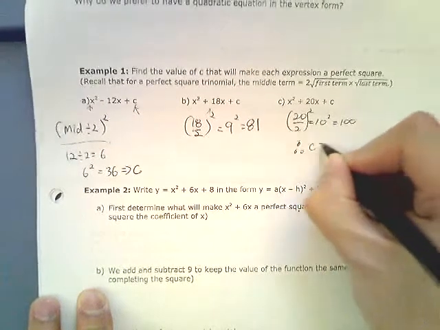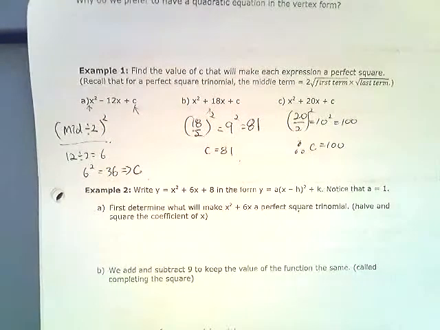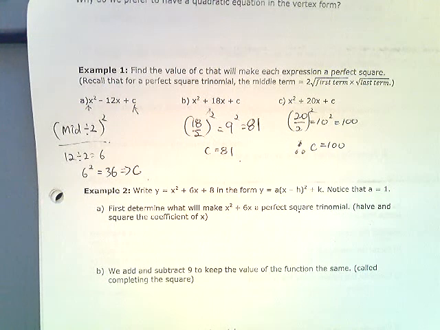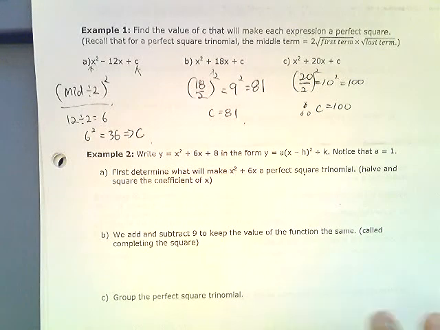Therefore, c is 100. c is 81. If you want to check, you can check by factoring x squared plus 20x plus 100, x squared plus 18x plus 81, x squared minus 12x plus 36. You should be able to factor those, and you can figure out whether that is a perfect square trinomial.